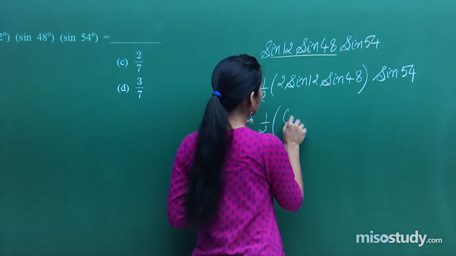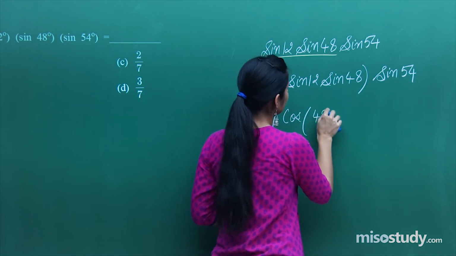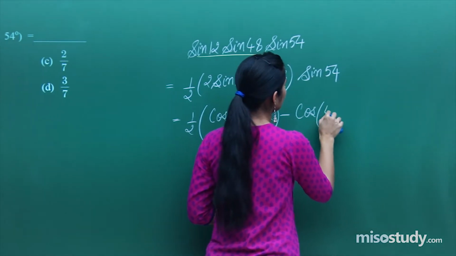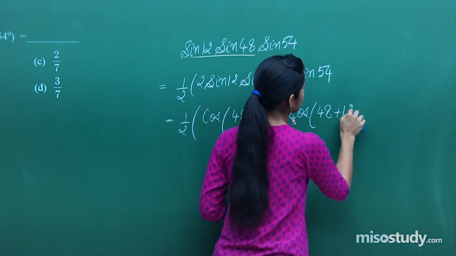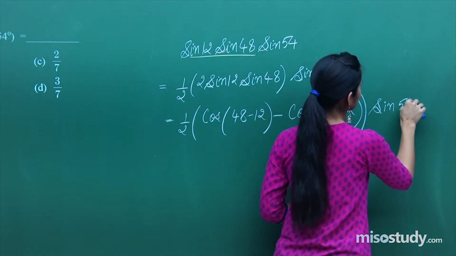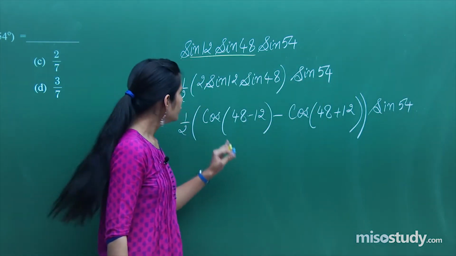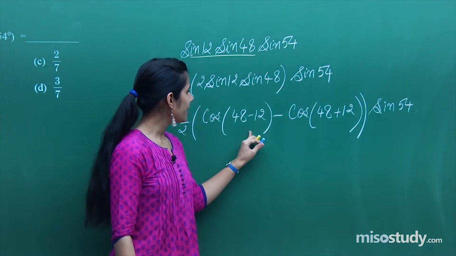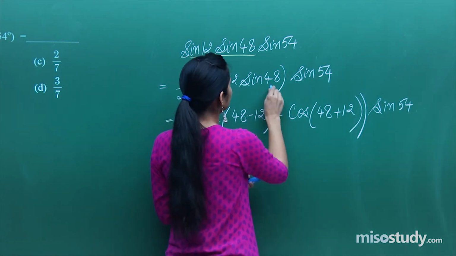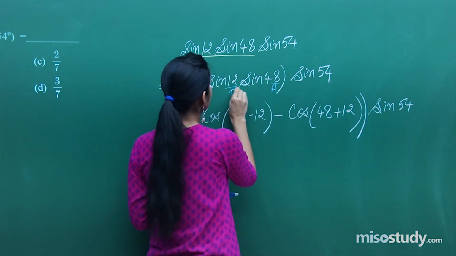It is cos of A minus B minus cos of A plus B. Right? 2 sine A sine B is cos of A minus B minus cos of A plus B. I am just treating this as A and this as B.